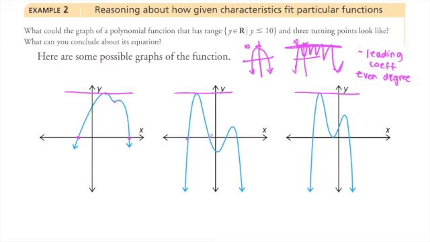We could have 4 zeros with 3 turning points. We could have 3 turning points with 3 zeros. Okay, so those are just possible graphs. Are there lots more examples? Yes. Okay, so don't worry. And just remember that the function has at least 2 zeros. Okay.